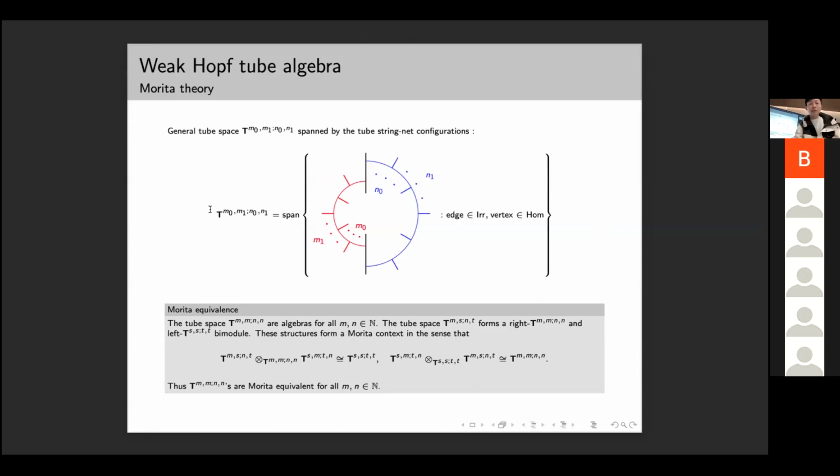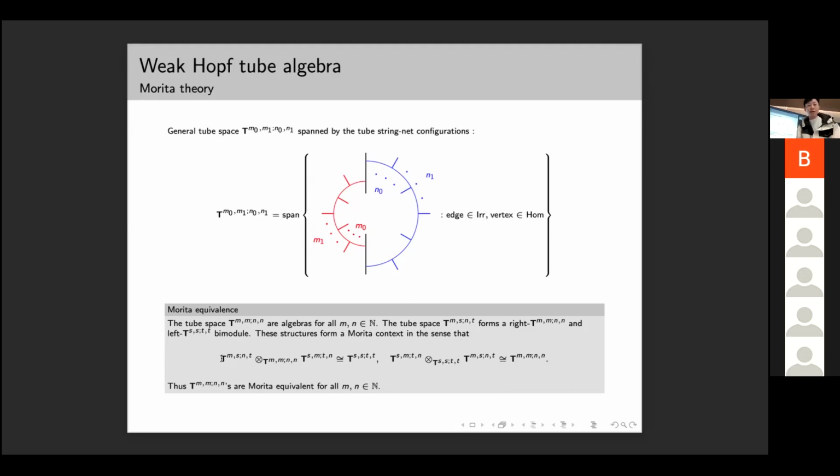This can be shown as follows. If we take this boundary tube configuration, and M0 equals M1 and N0 equals N1, they form an algebra. And if they are not equal, I mean if M1 is not equal to M0 and N0 is not equal to N1, they form a bimodule over the following structure.